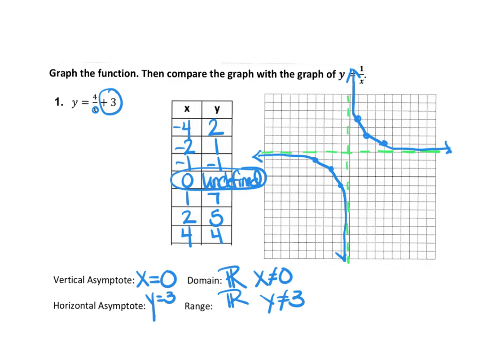Now, if we compare it to the parent function, this top number made it further away from the asymptotes. And then that 3, it shifted up.